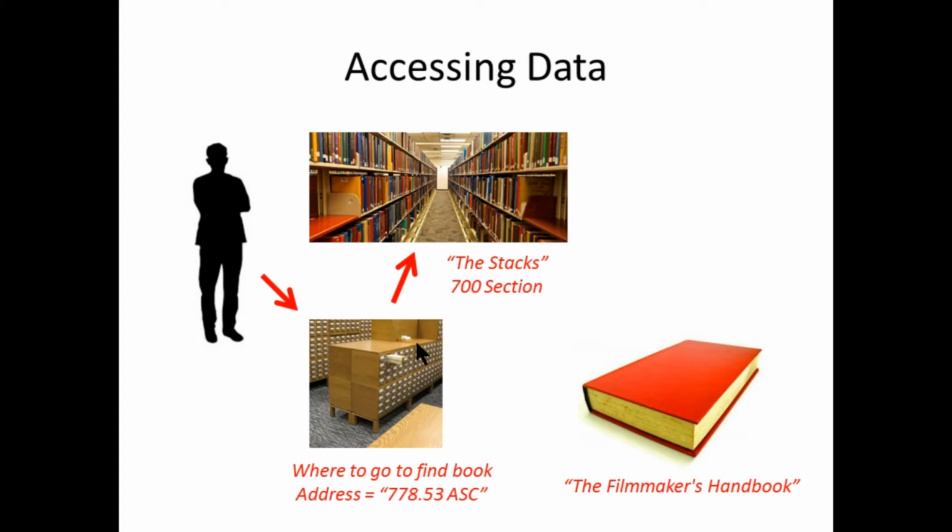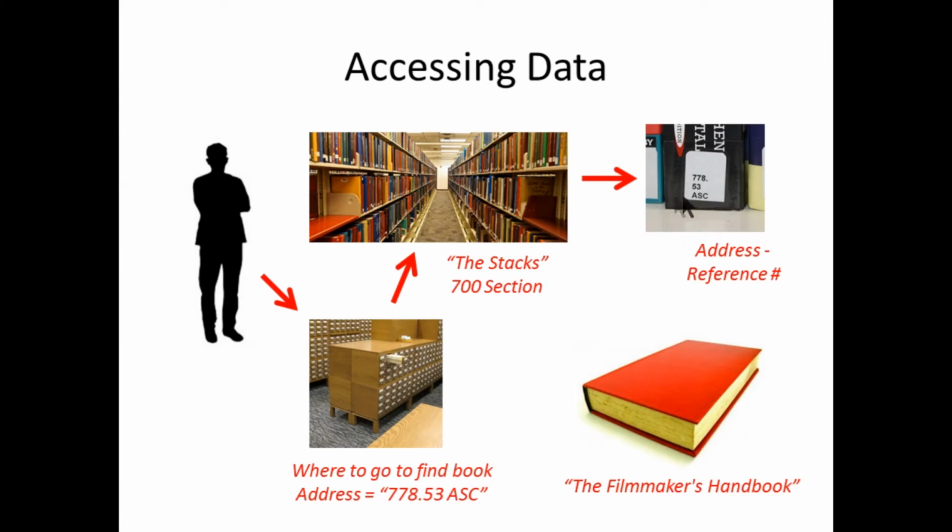into the stacks. In this case, we know we want to go to the 700 section since it's 778.53. We first go into the stacks and find the 700 section, which might be on the second floor or the third floor. And once you get into the 700 section, you then go into the 778.53 section. So you find where that section is.